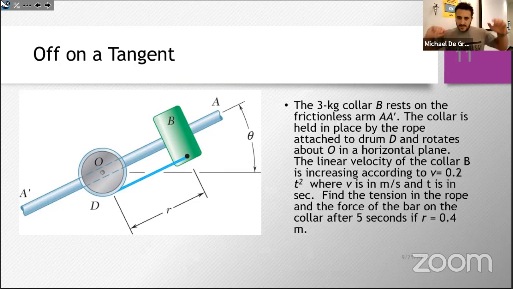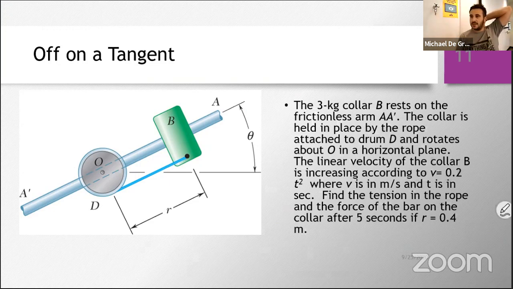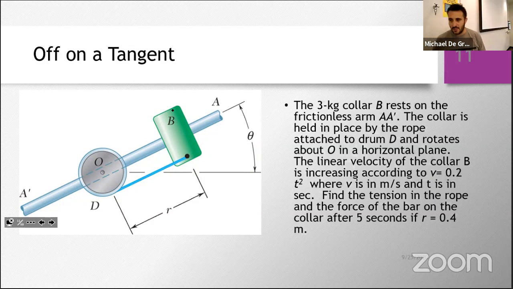All right, so what's this thing? Well, I've got a 3 kilogram collar. This B is a 3 kilogram collar that rests on a frictionless arm that we're going to call A prime, right? So from A to A prime, it's a frictionless arm, so the collar can slide.